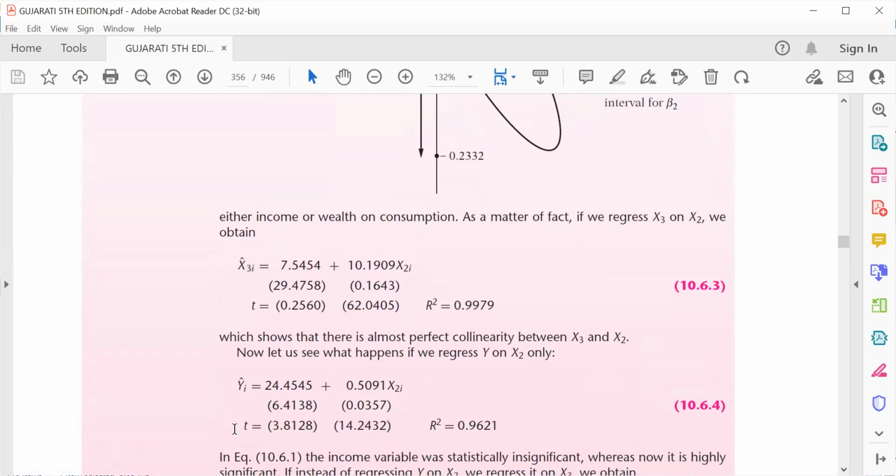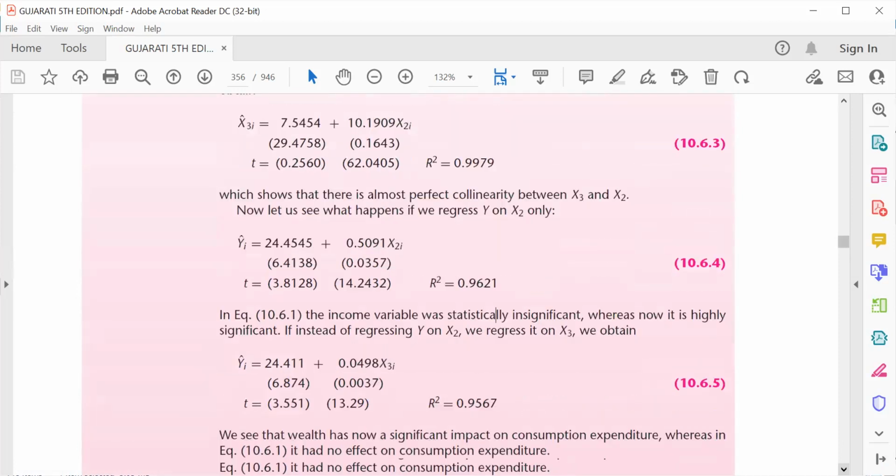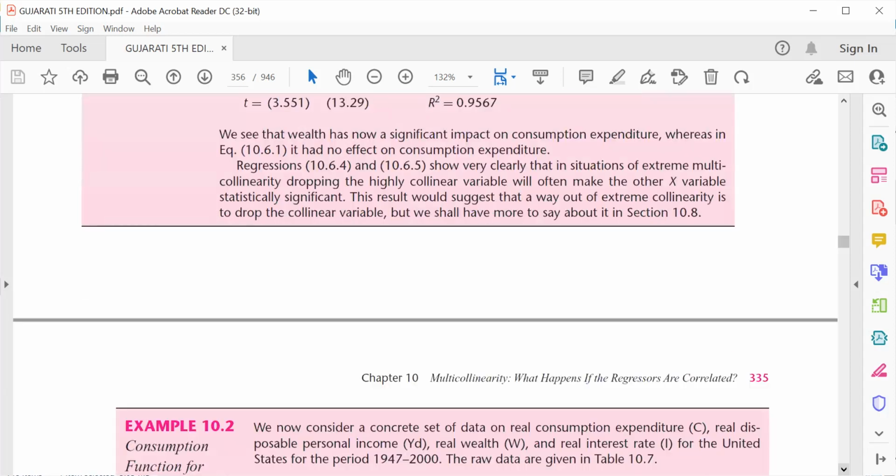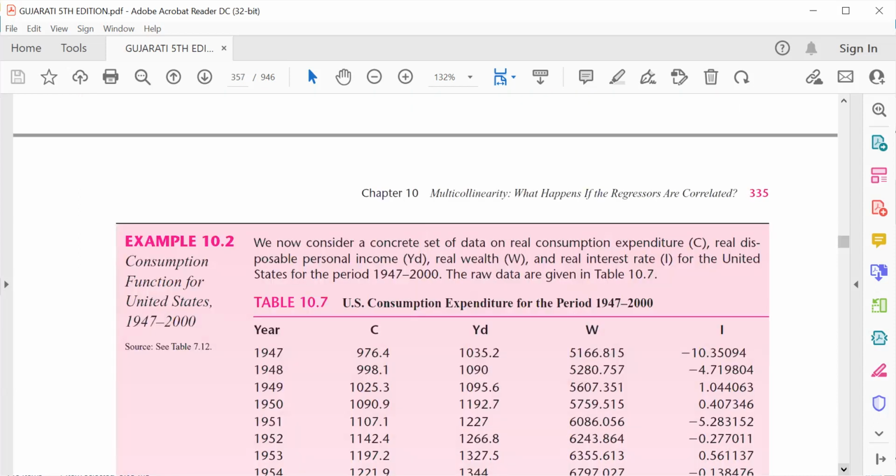We have a higher T ratio compared to the previous model. Because there is correlation between x2 and x3: if income increases, then wealth will also increase.